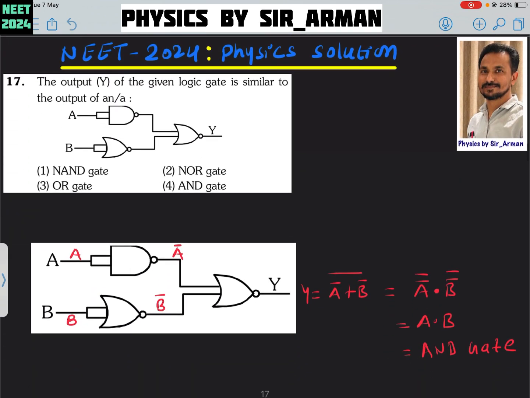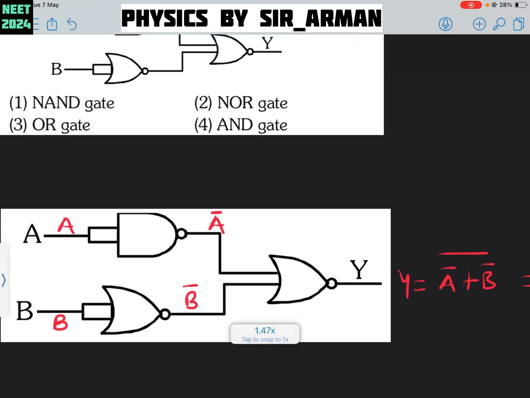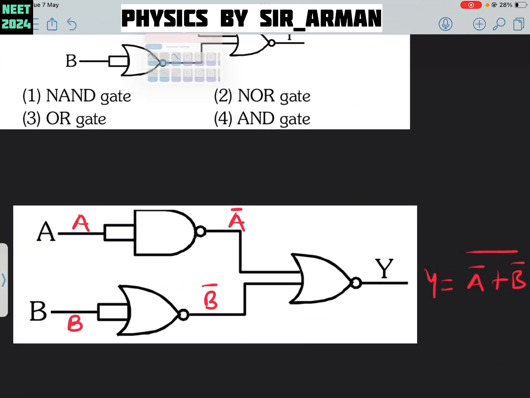Question number 17. The output Y of the given logic gate is similar to the output of which gate? Here some mixed gates are given, and from this combination we have to identify which type of gate it behaves as.